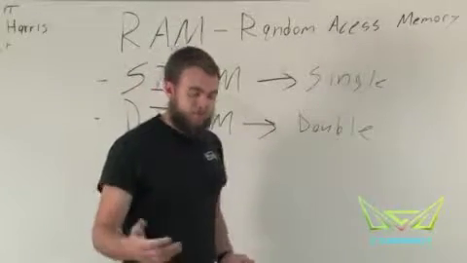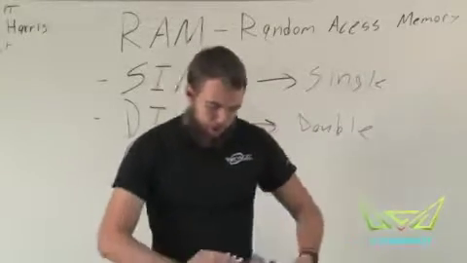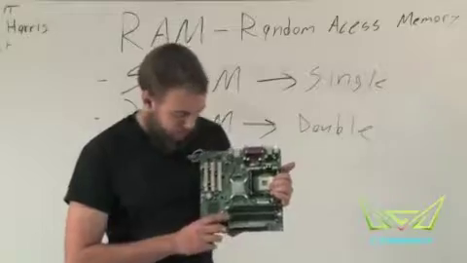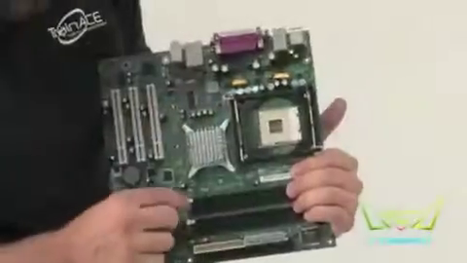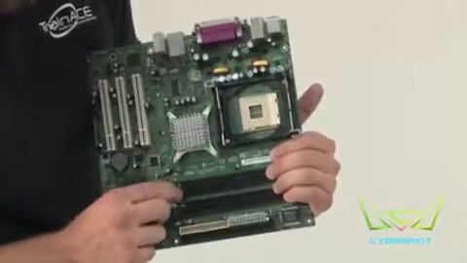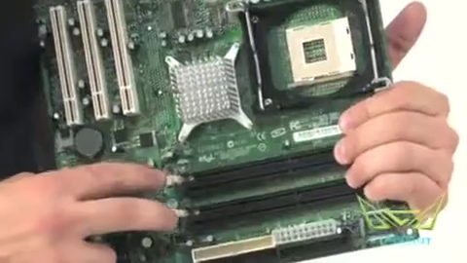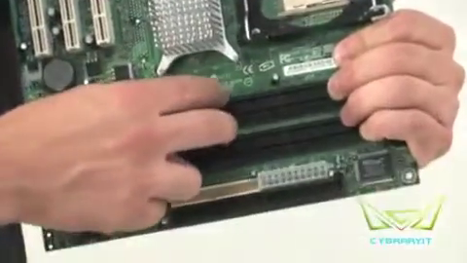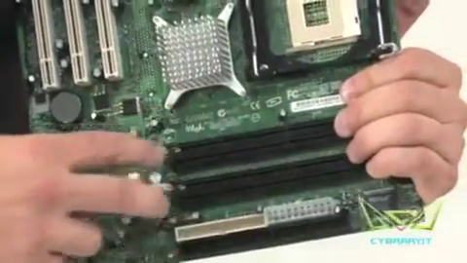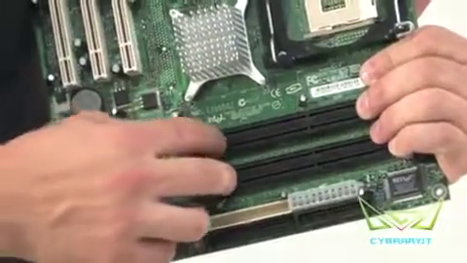When selecting memory for your motherboard, you'll notice that your computer memory comes in banks. Fortunately for us, a lot of times the banks are color-coded. On this particular motherboard, you'll notice that we have latches that are white and latches that are black. The two white latches are considered one memory bank, and the two black latches are considered another memory bank.